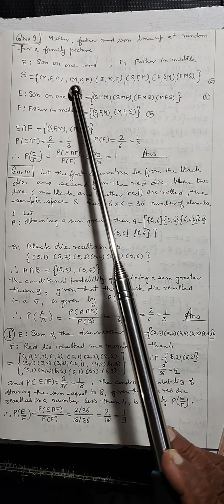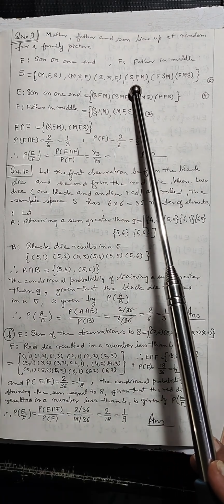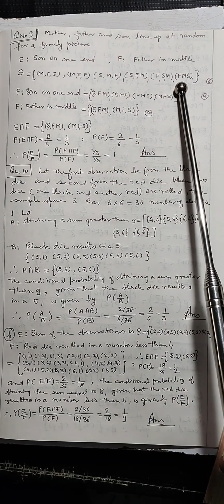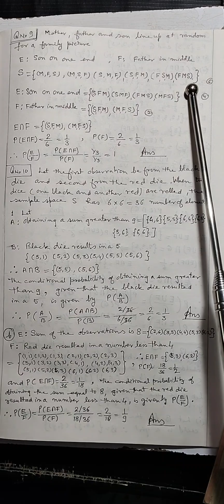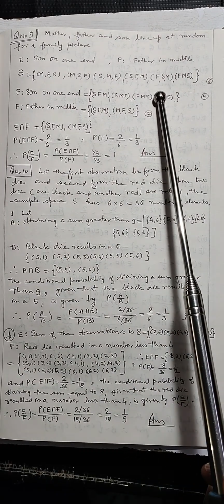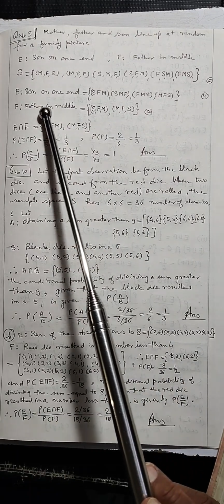Mother, father, son; mother, son, father; son, mother, father; son, father, mother; father, son, mother; father, mother, son. These are the maximum possible outcomes of arrangement of mother, father and son.